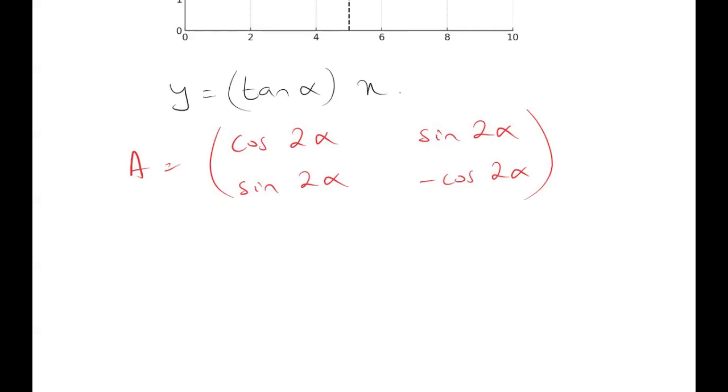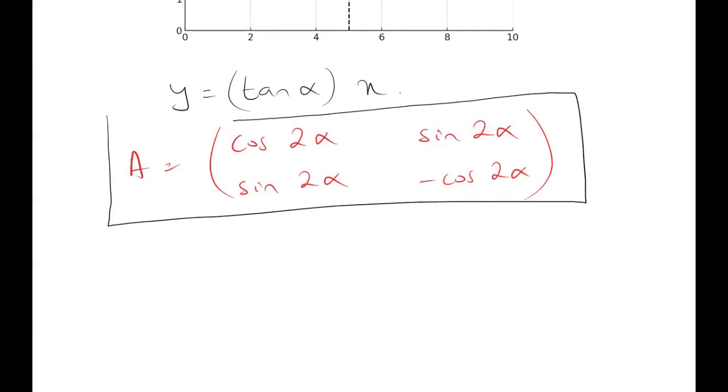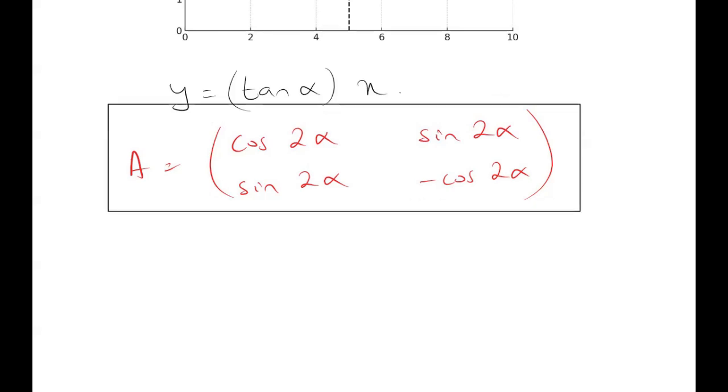This over here is my transformation matrix. This is my reflection matrix. That is, I will pre-multiply my given vector with the matrix A so that I can arrive at a new point.